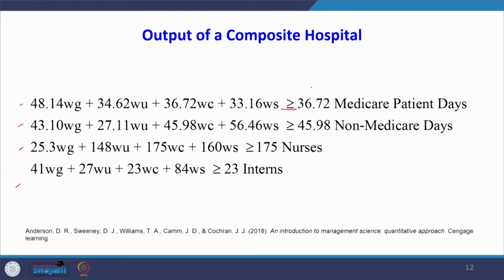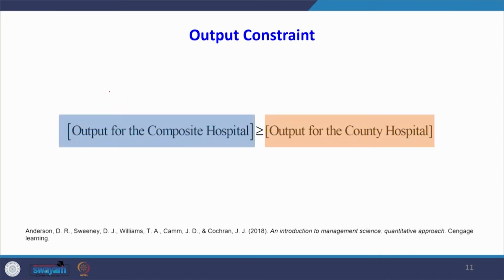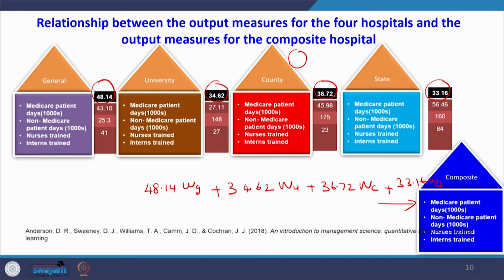So, how did I get this 36.72? This is the output of Medicare patient days for the county hospital. I will go back, see, this is 36.72. So, how am I writing this?